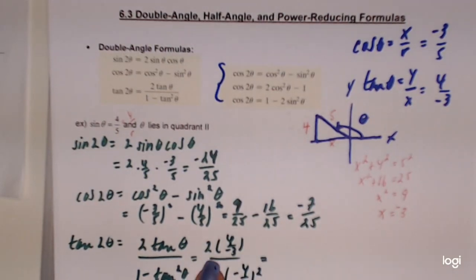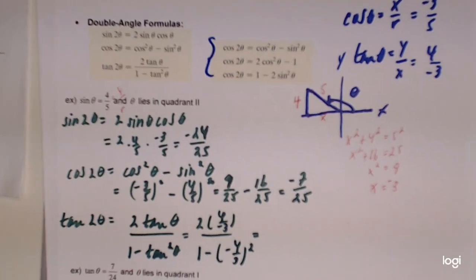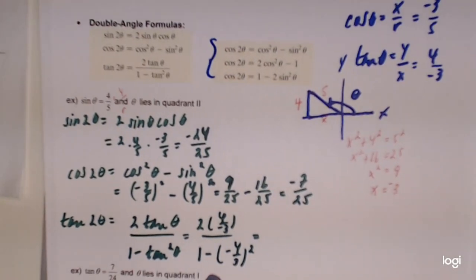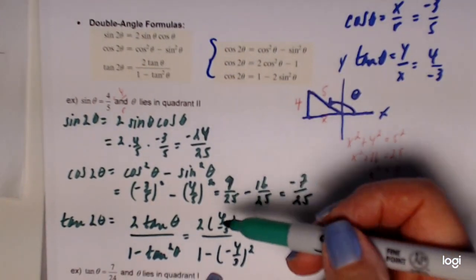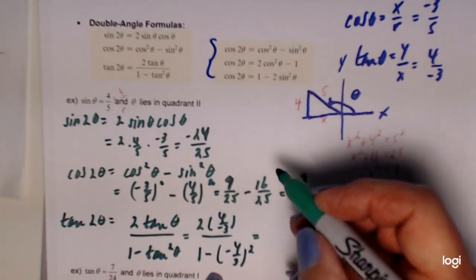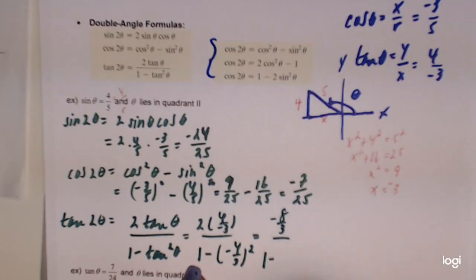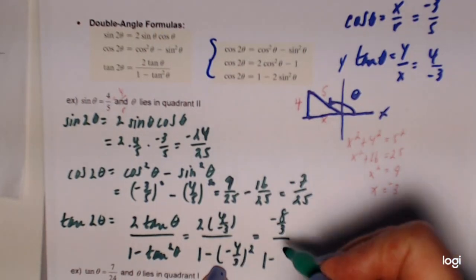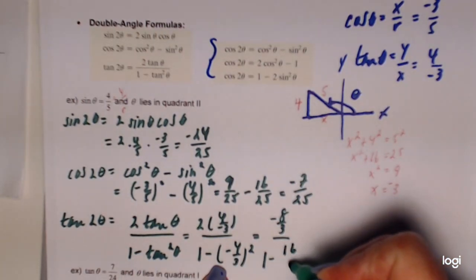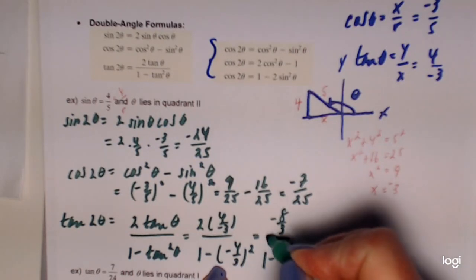Doing the multiplication, got to remember to look at the screen so you can see, and I'm not writing and you can't see it. 2 times 4, this gives us -8 over 3, and now our 1 minus our -4/3 squared. -4 times -4, we have 16. 3 times 3 is 9.